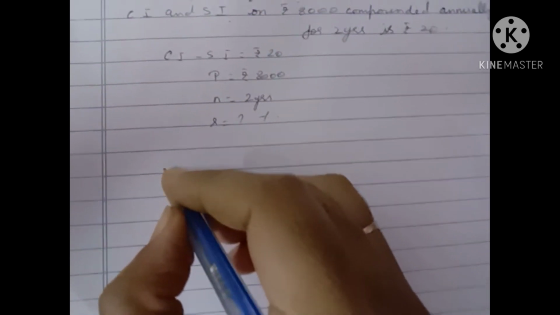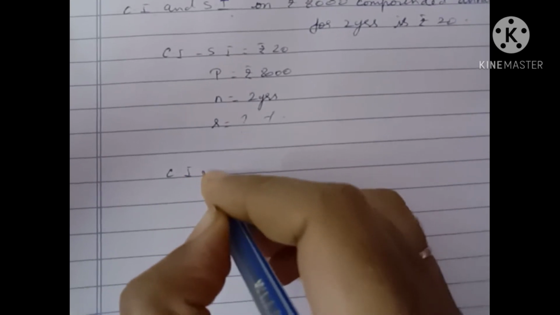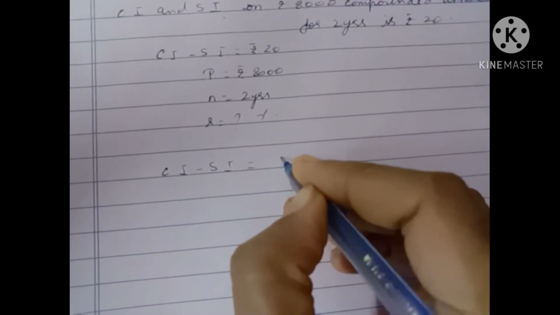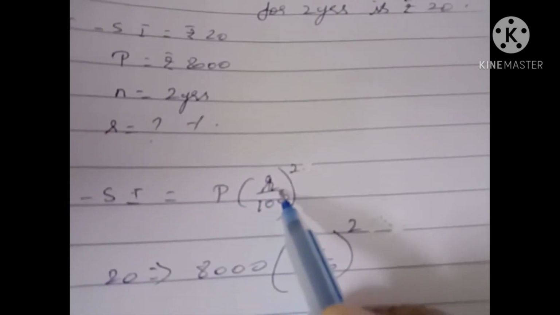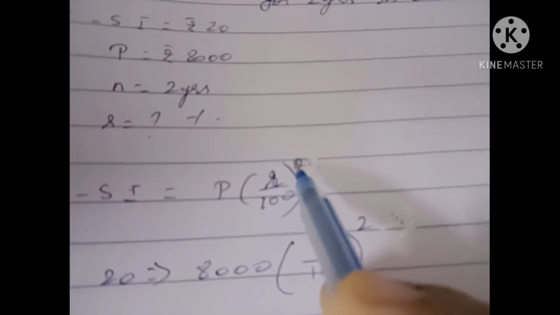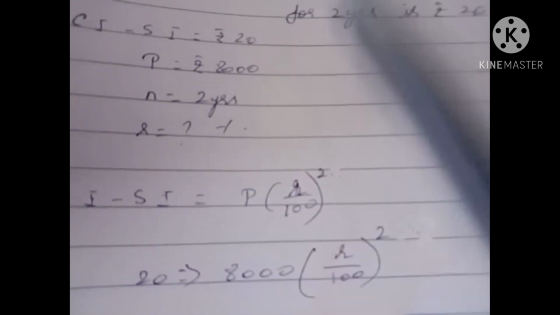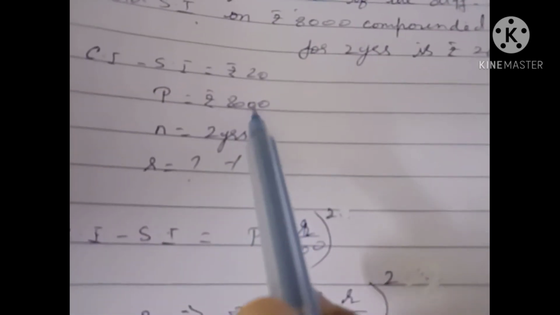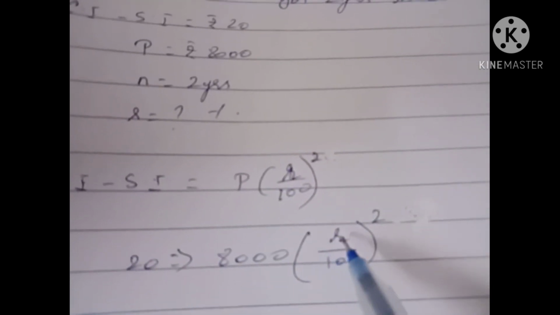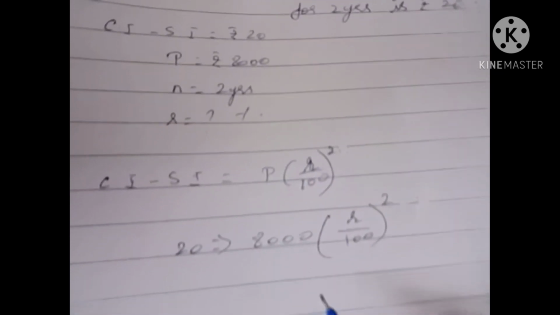So the formula for the difference CI minus SI is equal to P into (R by 100) the whole power 2. CI minus SI is 20 rupees, so 20 is equal to 8,000 (R by 100) the whole power 2.